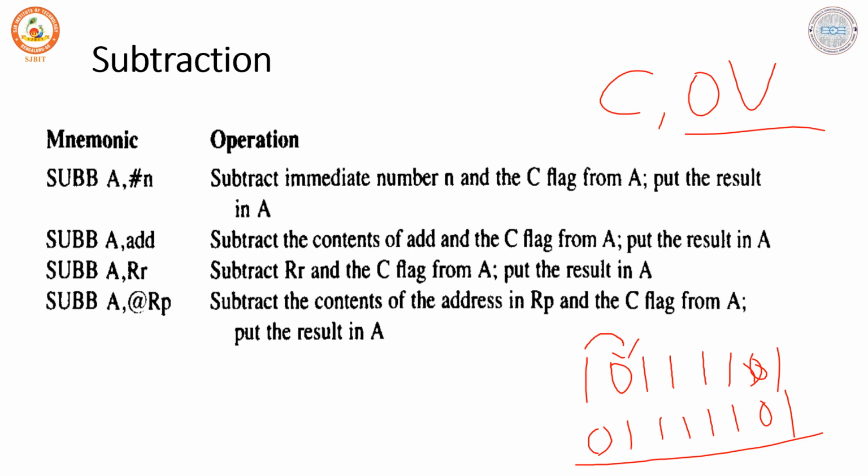The overflow flag is also set if there is a borrow from bit 7, but no borrow from bit 6. That means bit 7 requires a borrow, but bit 6 does not. At that time the overflow flag will be set. In all other cases, the overflow flag is cleared to 0, apart from these two conditions.